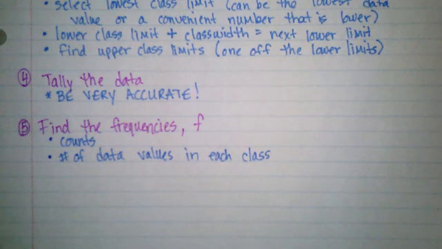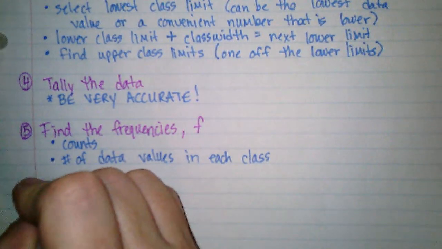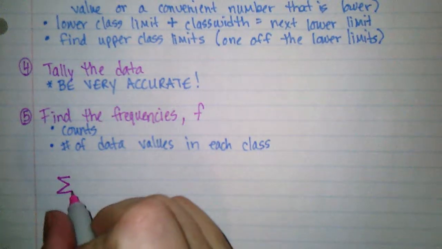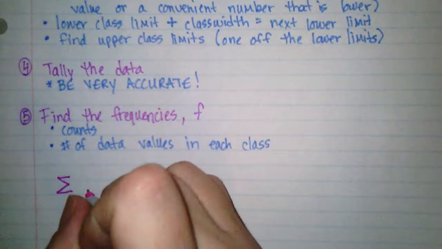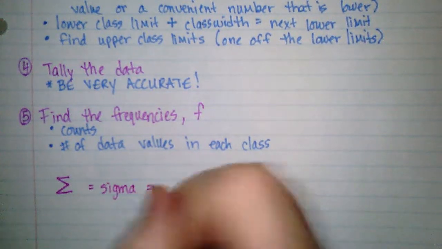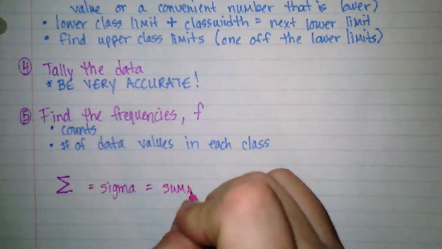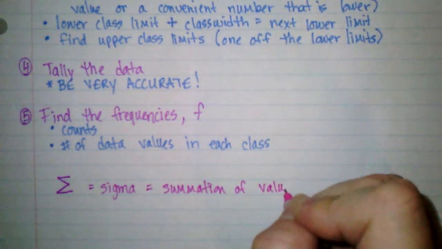Now, some other symbols that you might want to be familiar with as we go through, because we'll use them consistently all semester, is this little symbol here. That symbol is called sigma. It's the capital sigma. We'll also have lowercase sigma later on. And what it means is the summation of values.